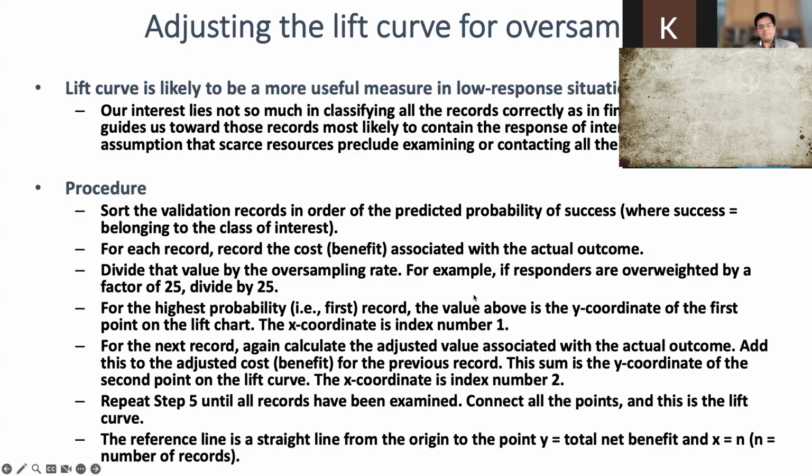In our previous example, the oversampling was a factor of 25, so we divide by 25. Then for the highest probability record, the value above is the y coordinate of the first point, and the x coordinate is the index number of 1. So this is very similar to what we just did, except for this one step, where the oversampling rate has to be considered in the case of the oversampling that we did in the model.